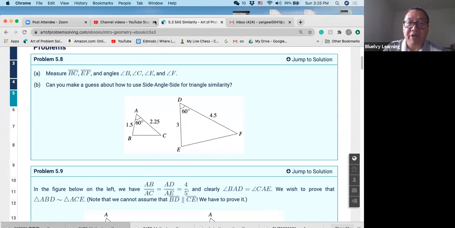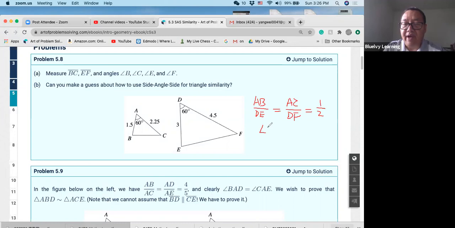In this way, we have AB over DE, this ratio equals AC over DF. This one equals 1/2. Then we also have the angle formed by these two sides.